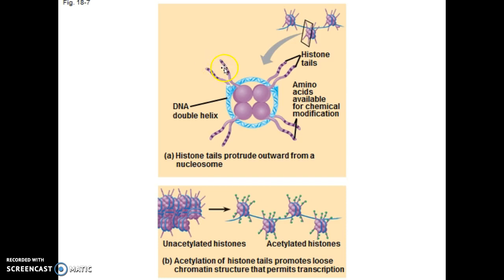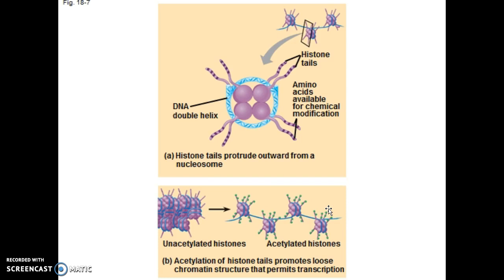So there's lysines that exist here, and we need to add acetyl groups to them. This image doesn't show us those lysines, however, which is kind of unfortunate, but we can see on the bottom image that the nucleosome on the left becomes uncoiled or loosened with the addition of the acetyl groups.